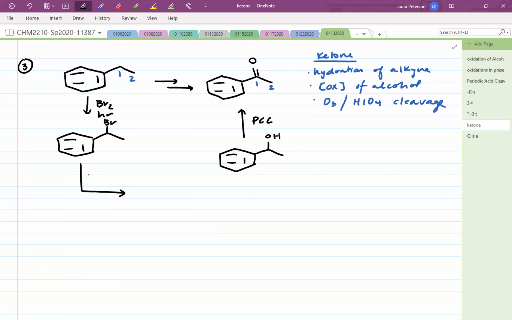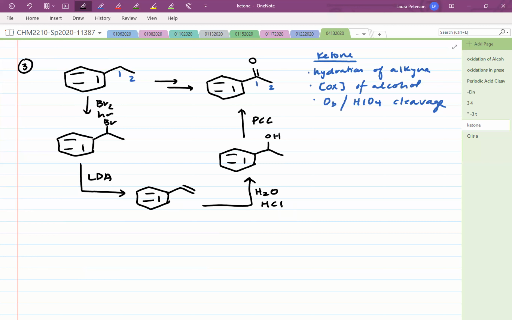So I'm just going to do the E2. You can use any base here, but I'm going to use a bulky base to avoid any potential for the SN2 reaction. Now, how do I make a Markovnikov alcohol from an alkene? There are lots of methods you could use, but the easiest one to write out is H2O and H+ to do acid catalyzed hydration. So that was the method of oxidation of an alcohol.